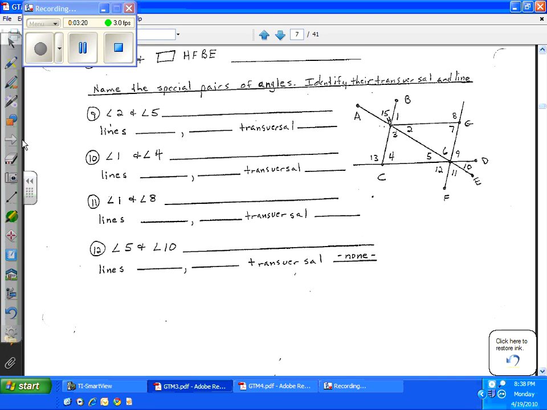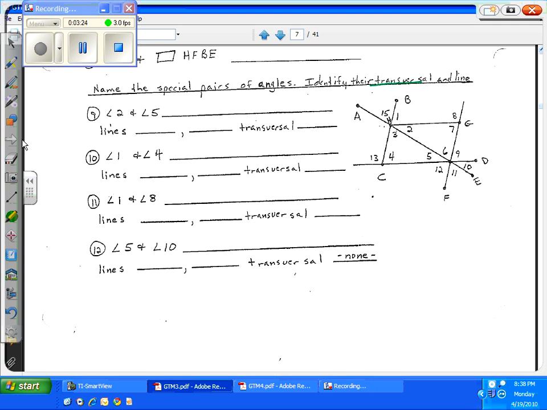Name the special pairs of angles and identify their transversal. Remember that a transversal is a line that intersects two or more coplanar lines in different points. And so we're talking about angle 2 and angle 5 here. Remember that an angle is a figure formed by two rays with the common endpoint.